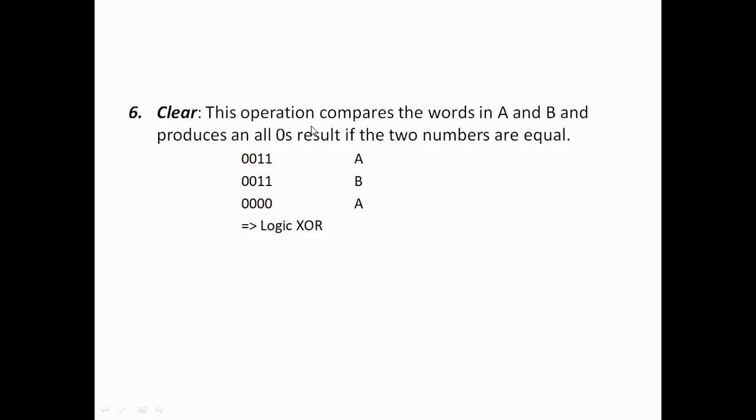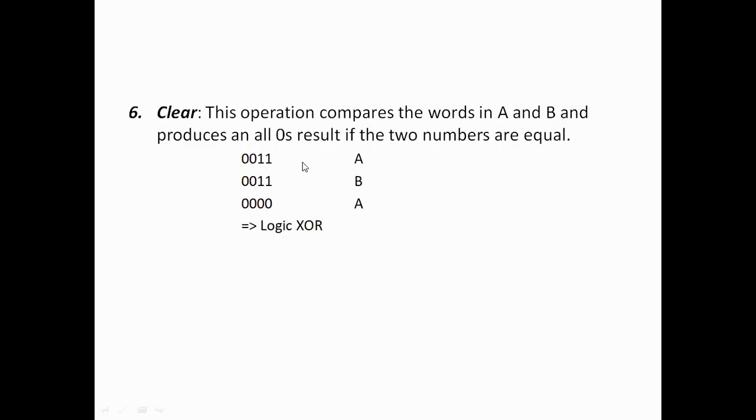Right? It will be an all 0 result if the 2 values are same. So it can be used to clear A, that is, to make all bits in A 0, and it can also be used to check whether 2 numbers are equal or not. Because if the answer is 0, they are equal. If the answer is not 0, they are unequal.